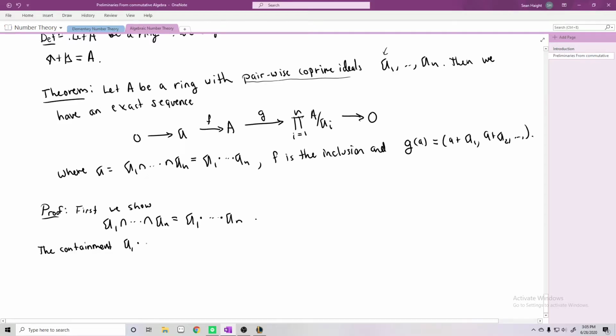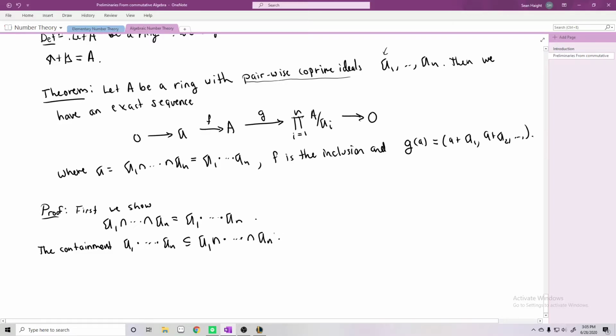The product of these ideals is contained in every ideal, and by every ideal, I mean every A sub i, not every single ideal in my ring A. So since ideals have the absorption property, this product is contained in every A sub i, so it's contained in this intersection.